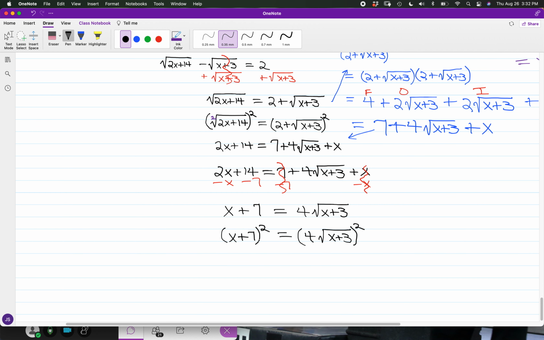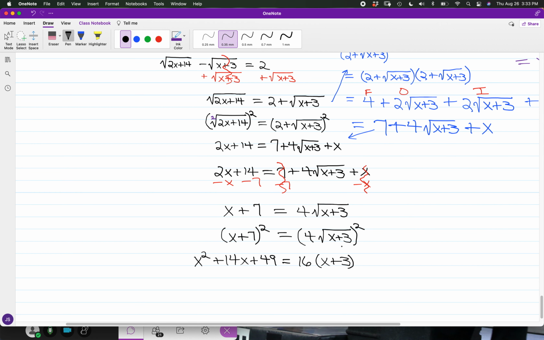For x plus 7 raised to the second, if I square out x plus 7 times itself, we have x squared plus 14x plus 49. Now for what I have to the right, there's a bit of a trick to this. 4 squared is going to be 16, and the square root of x plus 3 squared is going to be x plus 3.